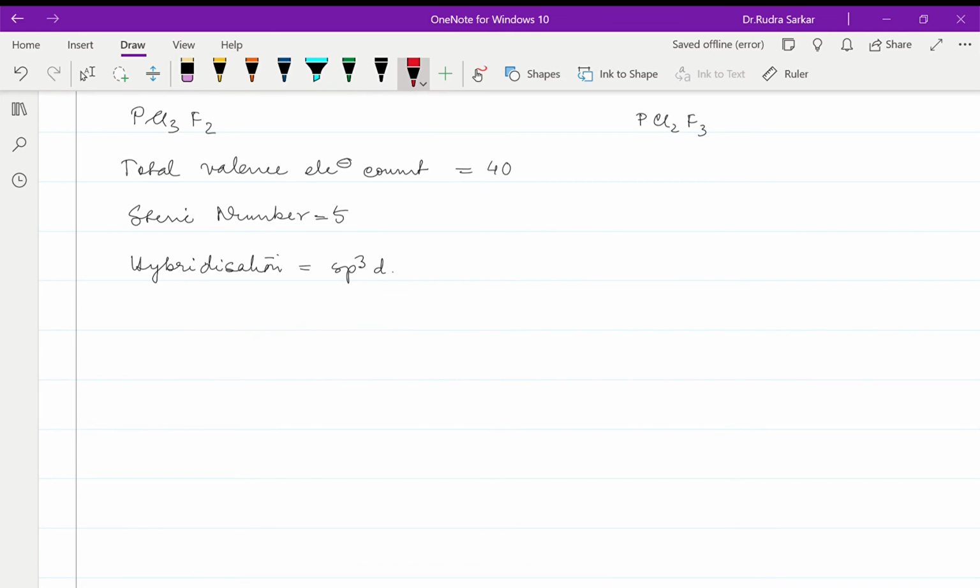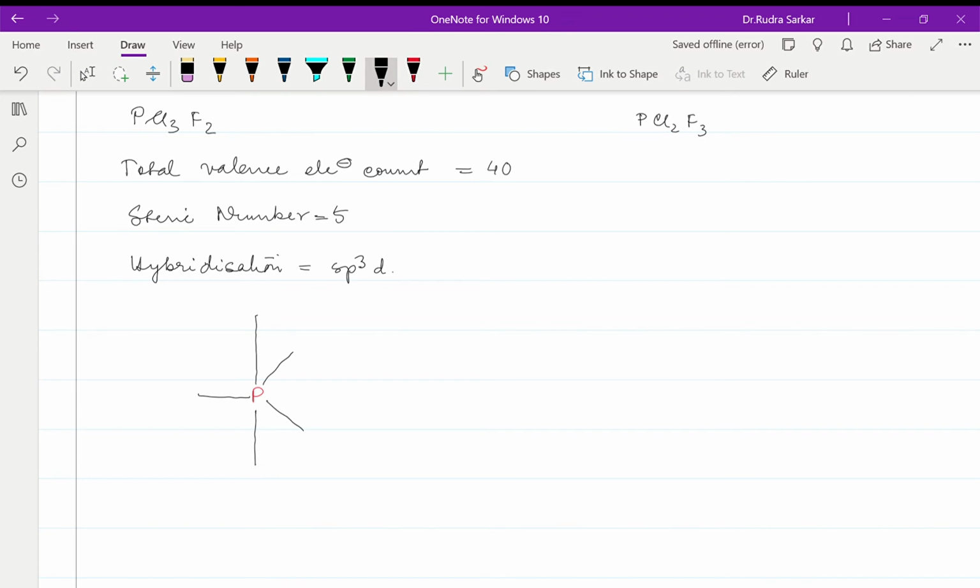The question here is again, if you write the phosphorus atom and again you write the 5 bonds, so these are your equatorial bonds initially, and this is your axial bond. Okay. Now, according to Bent's rule, we consider which one is more electronegative and which one is less electronegative.